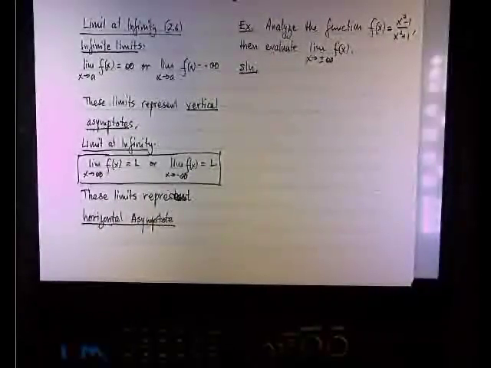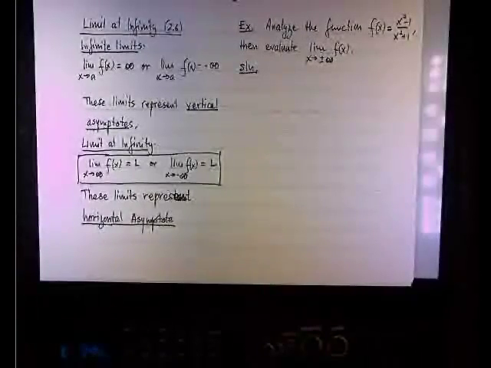When we look at long-term behavior, we looked at the horizontal asymptote, or if there is no horizontal asymptote, maybe we have an oblique asymptote, or maybe we have infinite limits, or limits at infinity. Long-term behavior, we're talking about the limit when x goes to plus or minus infinity.